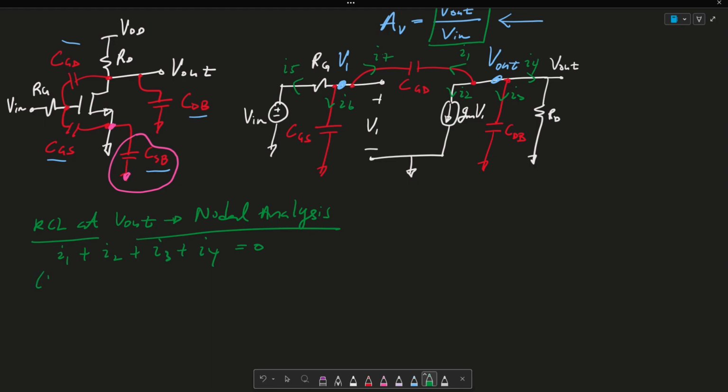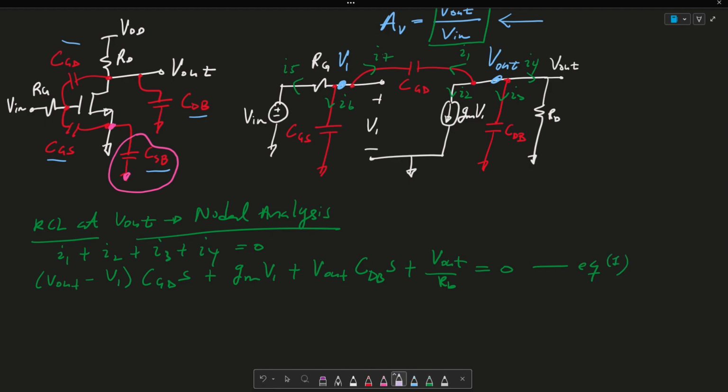I1 is essentially Vout minus V1 times CGD times S, which is in the frequency domain, plus I2, which is gm V1, plus I3, which is Vout CDB S, plus I4, which is Vout over RD, have to equate to 0. Let me call this equation number 1.